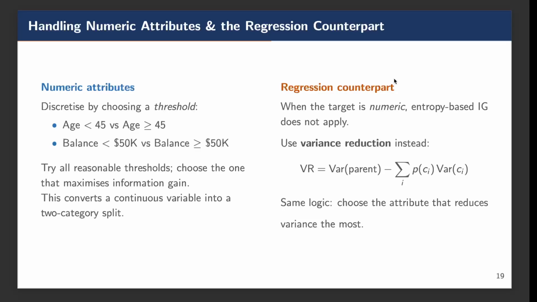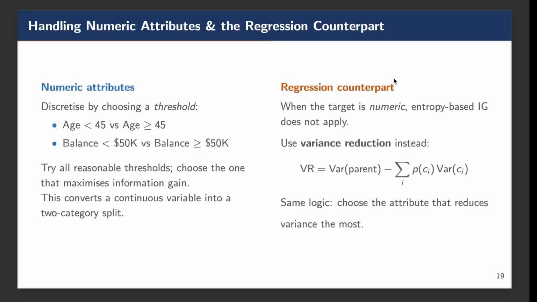Then we test different thresholds to find the one that maximizes information gain. Here we choose 45, but maybe we can choose 44, 43, 46, 47, or even any other number. Basically, we choose the number that maximizes the information gain.